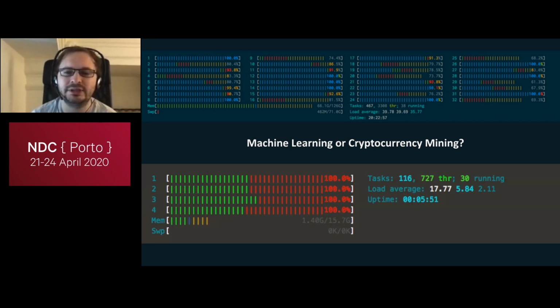But the interesting thing about cryptocurrency and what we see on Katacoda is it's very hard to tell the difference between someone doing something malicious like cryptocurrency mining, or someone just running a machine learning process, trying to learn and understand TensorFlow. And this is the same if you are managing a cluster internally or running Kubernetes and you see a huge spike in CPU usage.